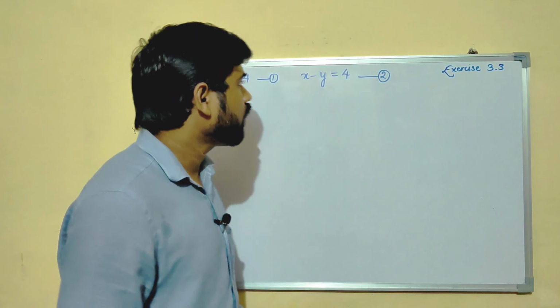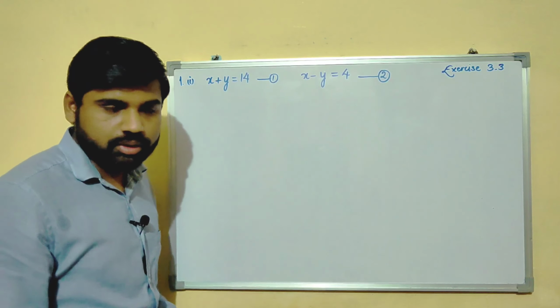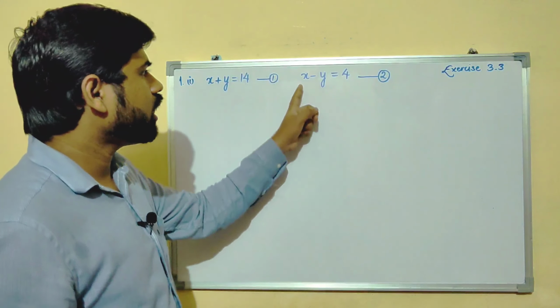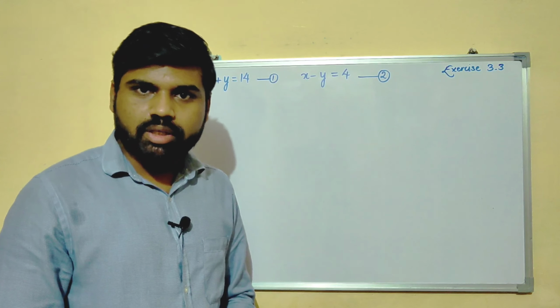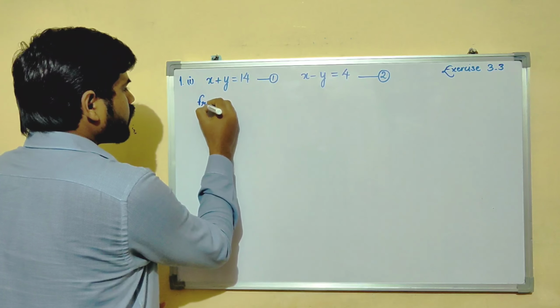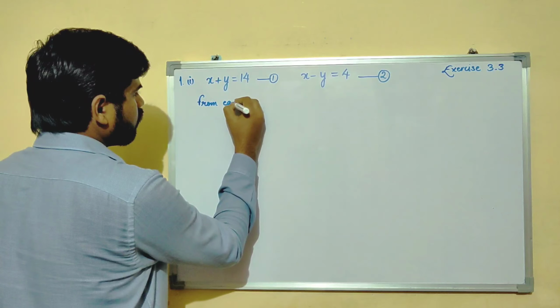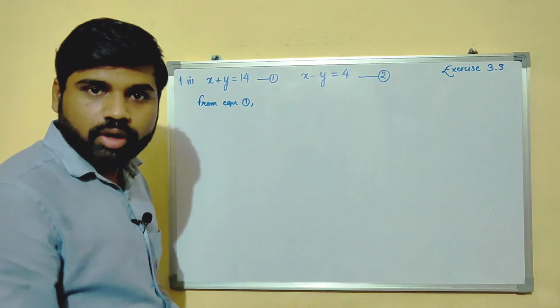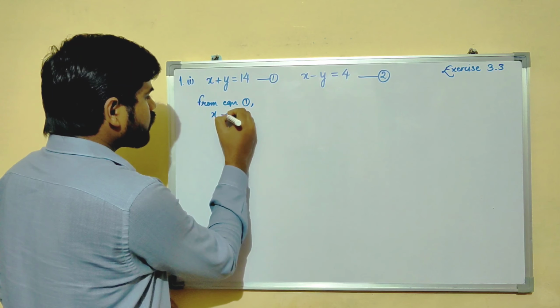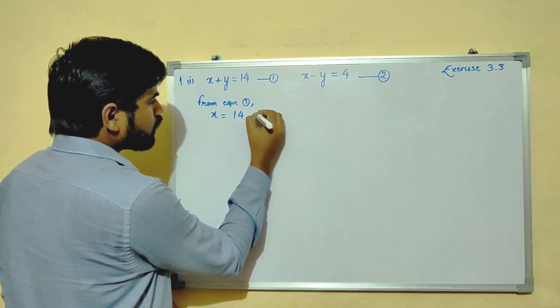Let us see how. Here in the first part of the first question, the first equation is x plus y equals 14 and the second equation is x minus y equals 4. First of all, from the first equation I am finding the value of x, which will be 14 minus y.